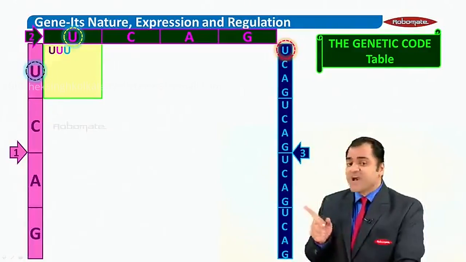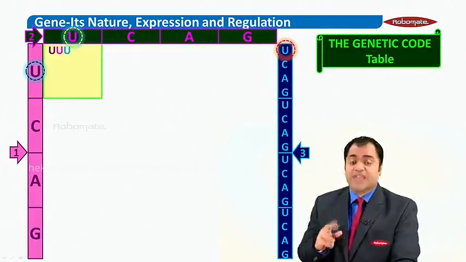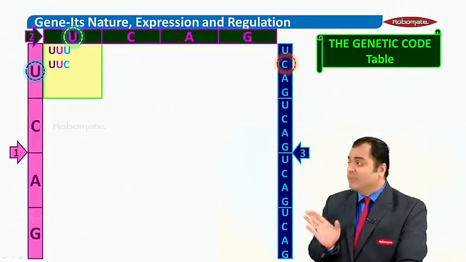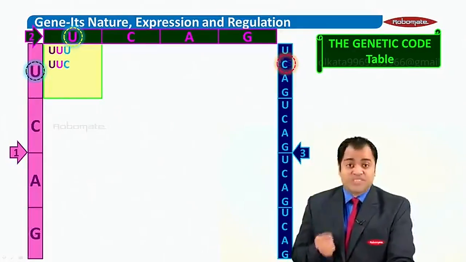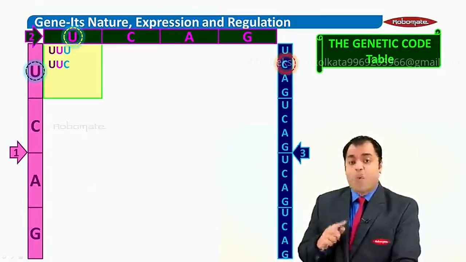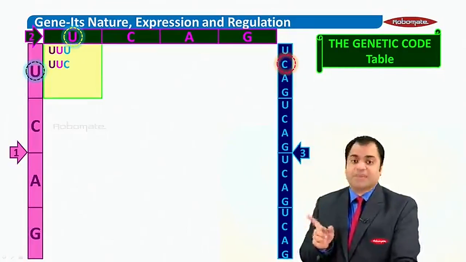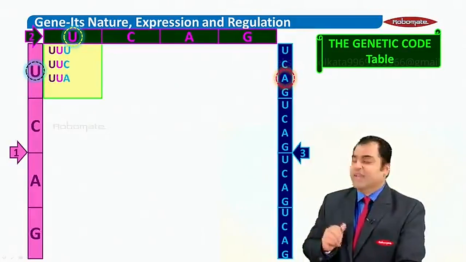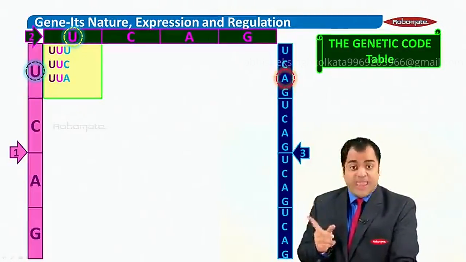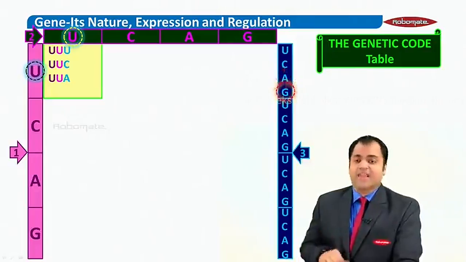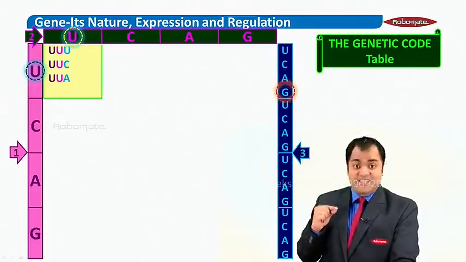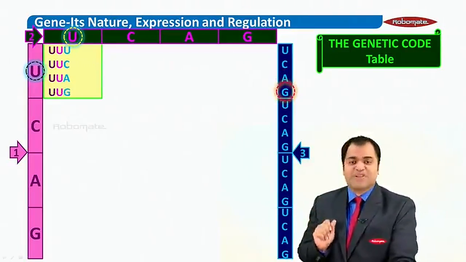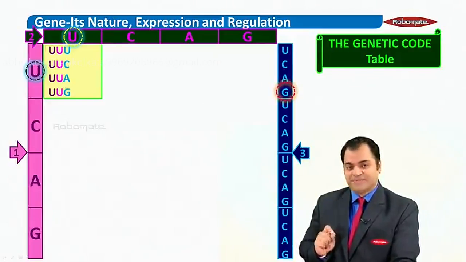Now keeping the first and second position the same, you take the third position, and there you choose the C, and you write UUC. Similarly, once again keeping the first and the second position the same, now we choose A for the third position, and you get the combination UUA. Finally, you take UU and then G, and you get the fourth possible combination of the codon.